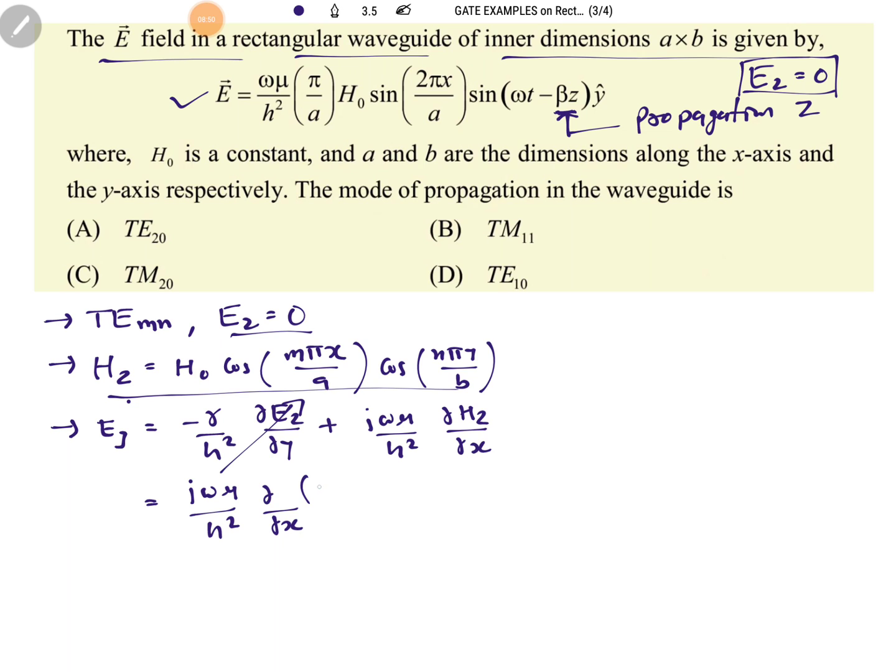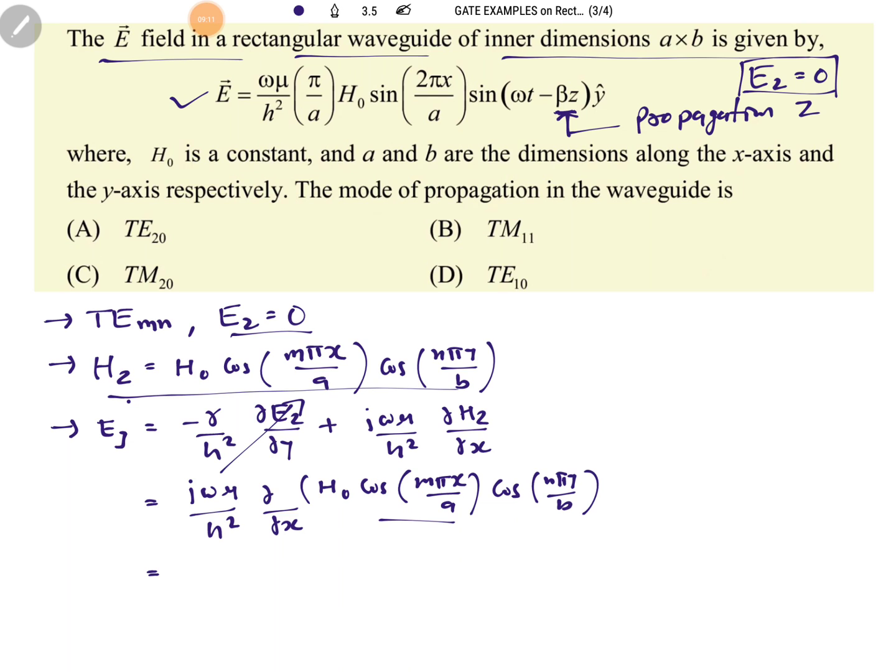So let us place it and do the partial differentiation. H0 cos of m pi x by a into cos of n pi y by b. If you do this partial differentiation, only the differentiation of this term will happen.